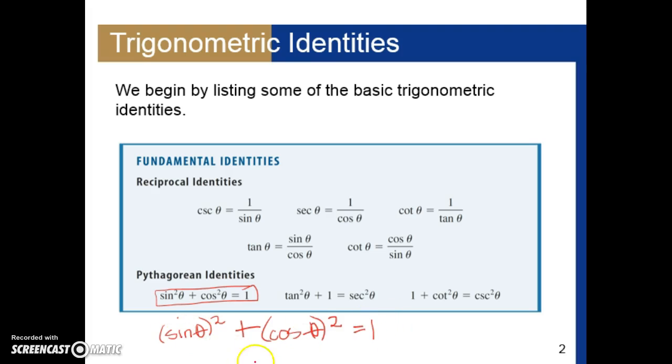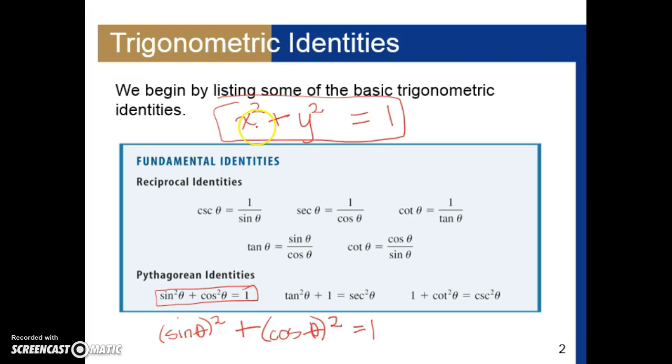Now, there's a whole reason why that's true, and it all goes back to the unit circle. Remember, in the unit circle, our x coordinates were our cosine, our y coordinates were our sine, and we're in the unit circle, which means our radius was 1. So this all goes back to the equation of that circle. And the equation of the circle with radius 1 looks like this. If it's centered at 0 and has radius 1, here is the equation of the unit circle.